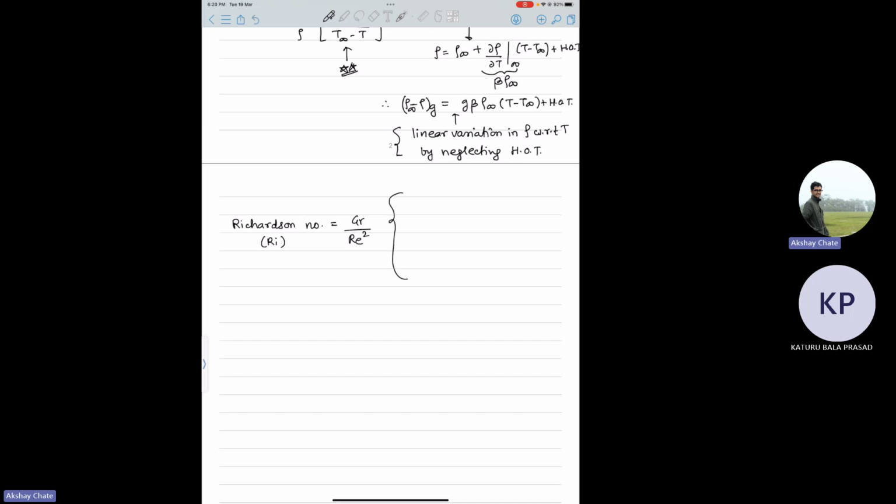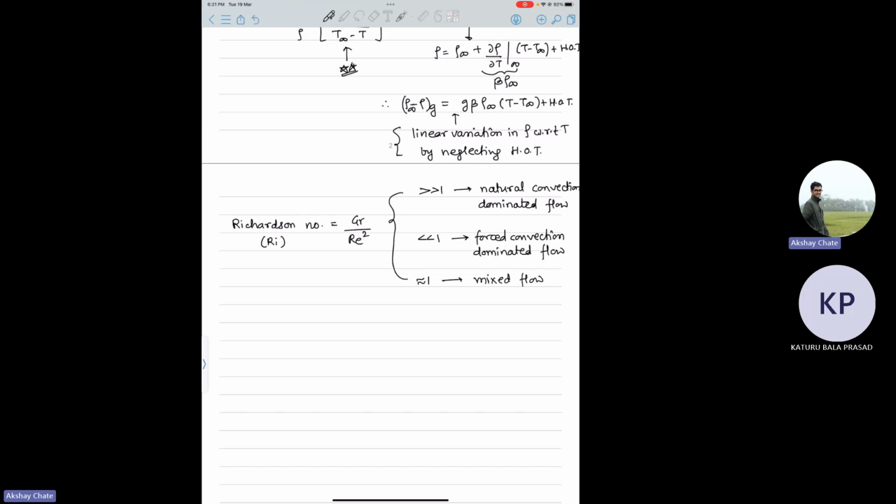If this ratio is significantly greater than 1, that means natural convection dominated flow. If it is significantly lower than 1, that means forced convection dominated flow. And if it is equal to 1, that means mixed flow. So in mixed flow, both forced as well as natural convection will be significant.